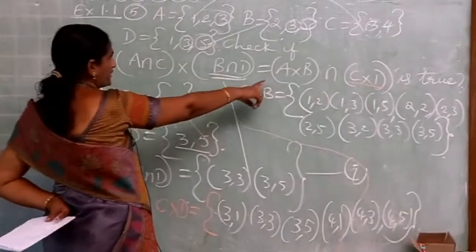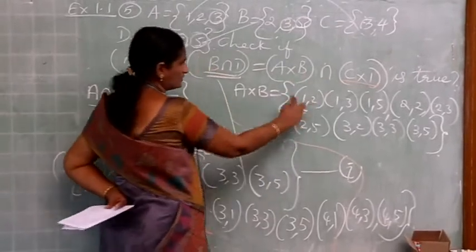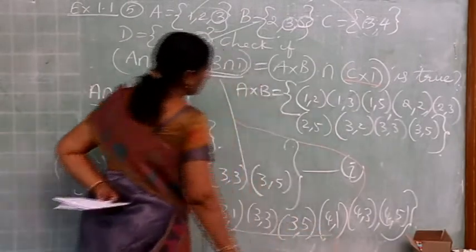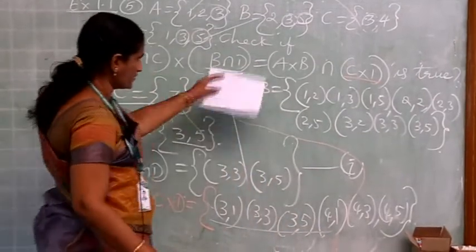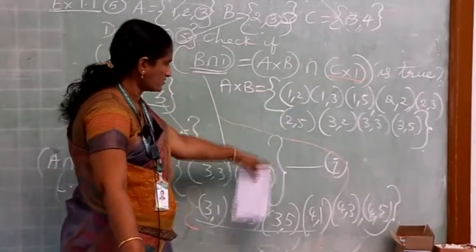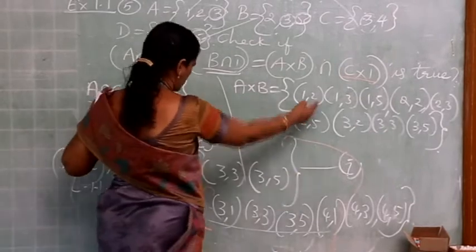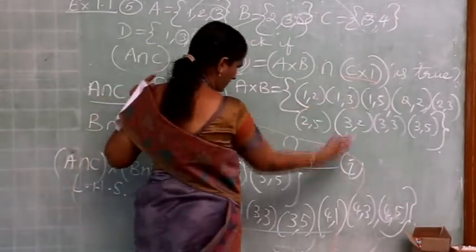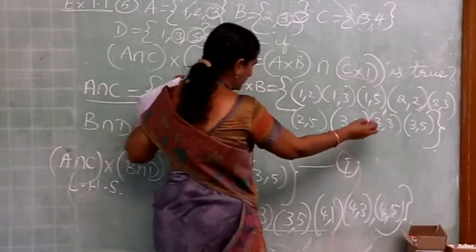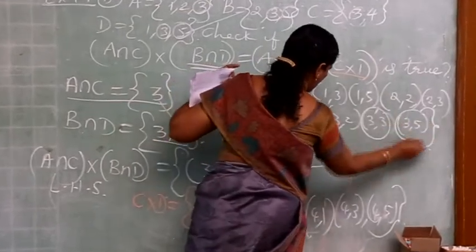Then what we have to find? A cross B intersection C cross D. A cross B is this one, C cross D is this. Find the intersection of A cross B and C cross D. So intersection means what? Common elements. You have to pick out the common elements. What are common? See (1, 2), it's not here. (1, 3), not here. (1, 5), no. What is there? (3, 3) and (3, 5).